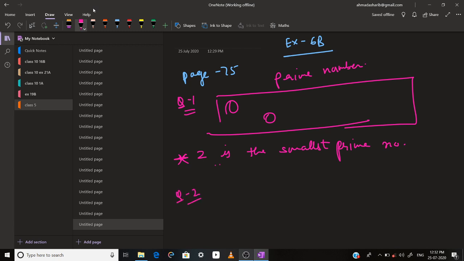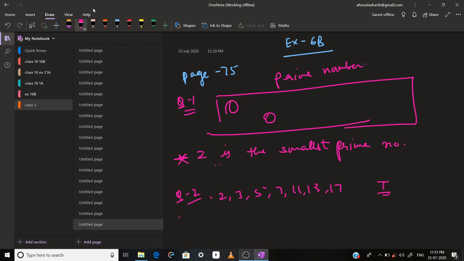Question number 2, write true or false. Part A: 2, 3, 5, 7, 11, 13, and 17 are prime numbers. Is it true or false? Yes, all are prime numbers, so this is true.